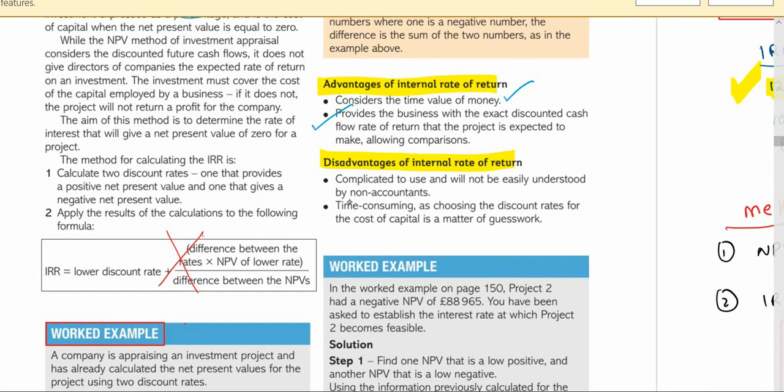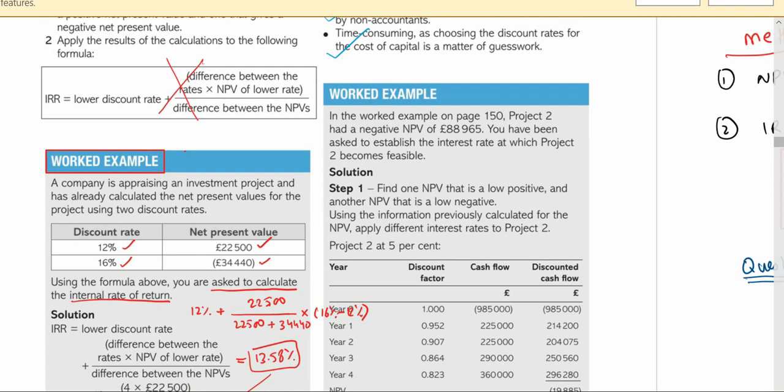A disadvantage is that it is complicated to use and will not be easily understood by non-accountants because it uses accounting terms. It is time consuming, as choosing the discount rate for the cost of capital is a matter of guesswork. For the guesswork we choose some lower rate, sometimes some higher rate. That's why they come into the disadvantages.